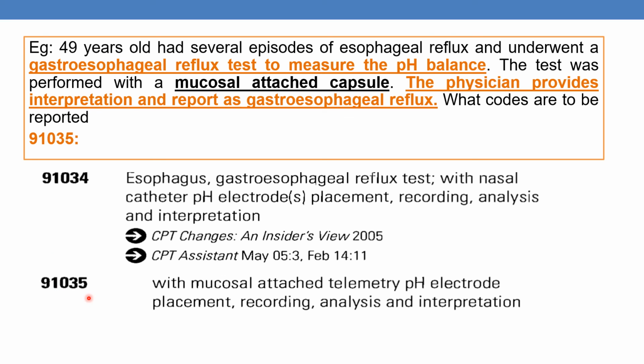For esophagus gastroesophageal reflux test with mucosal attached telemetry pH electrode placement, recording, analysis and interpretation, the correct code is 91035. Because in our question the key term mucosal attached capsule is there, you need to code 91035 as the correct answer.